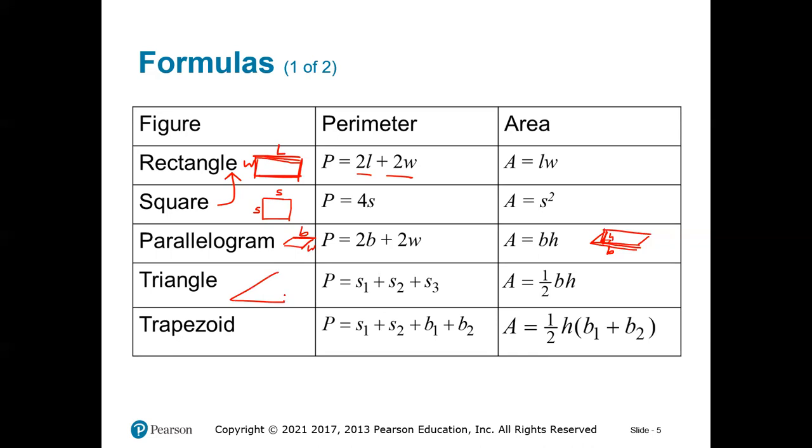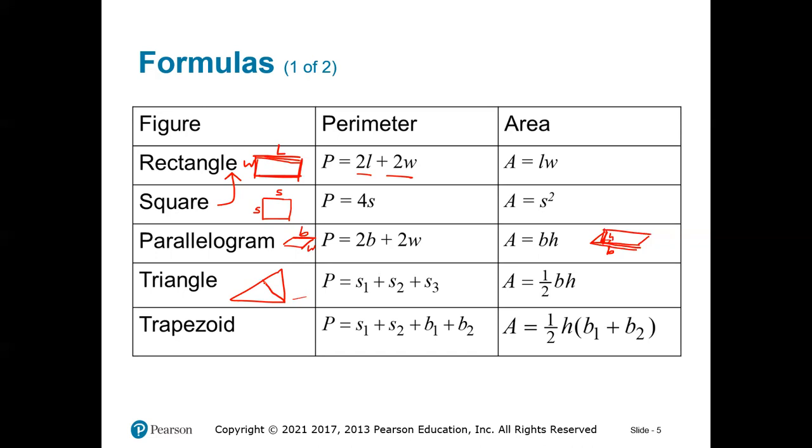Now, if you have a triangle, any triangle, it doesn't have to be of any particular shape. So you have, let's say, S1, S2, S3. Those are the sides of the triangle. Well, the perimeter is just the sum of all the sides. And what's the area?